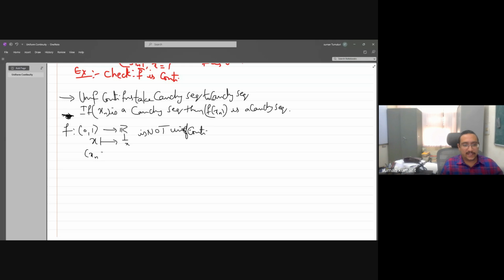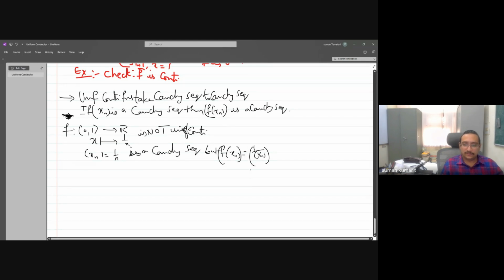Because I choose xn equal to 1 by n, which is a Cauchy sequence, but f of xn is n, so xn is a Cauchy sequence, but f of xn is not a Cauchy sequence. The image of a Cauchy sequence is not a Cauchy sequence, therefore f cannot be a uniformly continuous function.